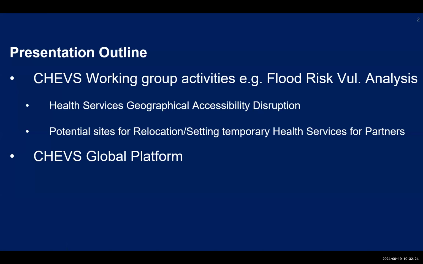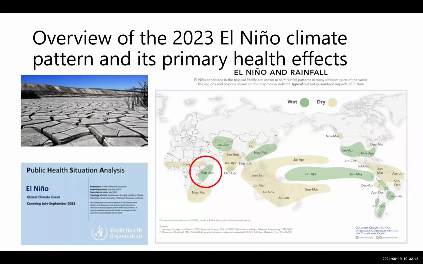I will also touch briefly on an extension of that work that looks at potential relocation of health services for partners in South Sudan, and then close with an overview of the CHEVS, which is the virtual space that I mentioned that we are currently working on.